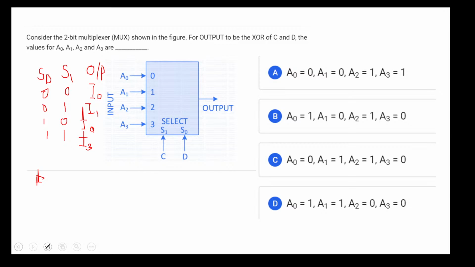I can write the equation as S0 bar S1 bar I0, plus S0 bar S1 I1, plus S0 S1 bar I2, plus S0 S1 I3.